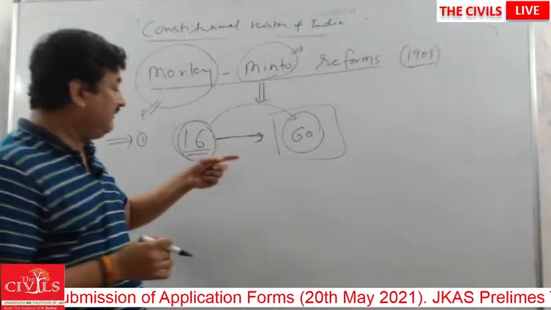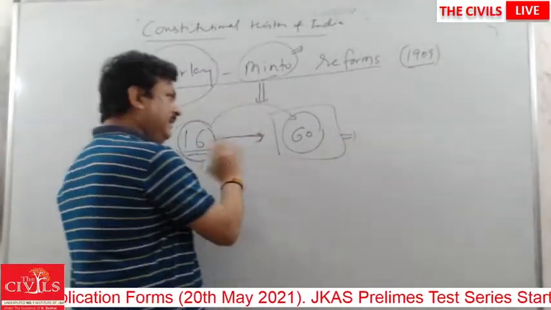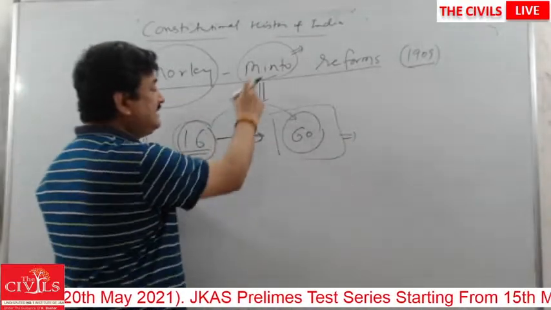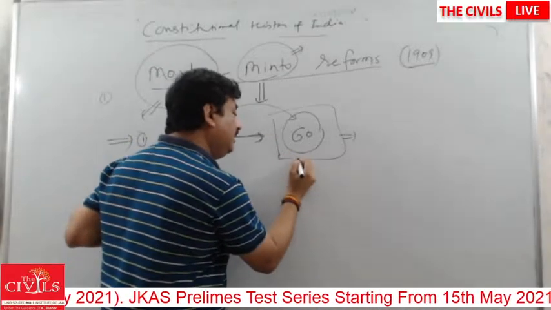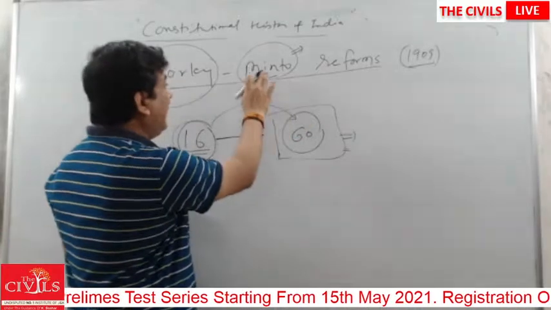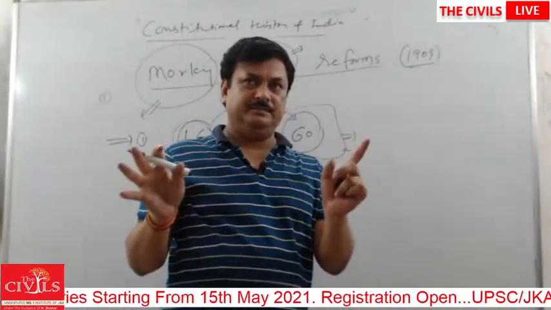The number was increased, but look here, now the numbers are important. Before that, the number was not very important. But now, after this reform, you all have to learn the numbers, because after this act the bicameral legislature will form.